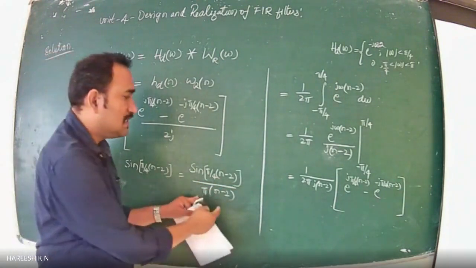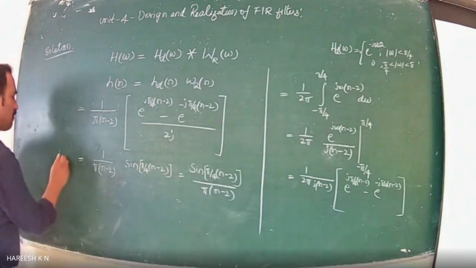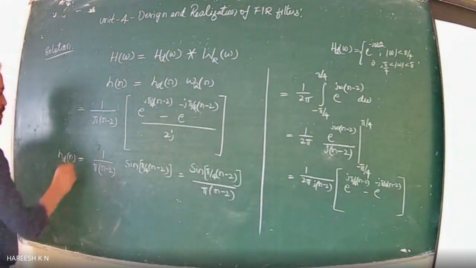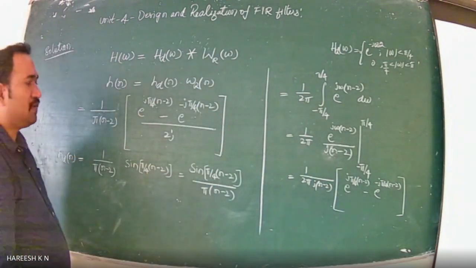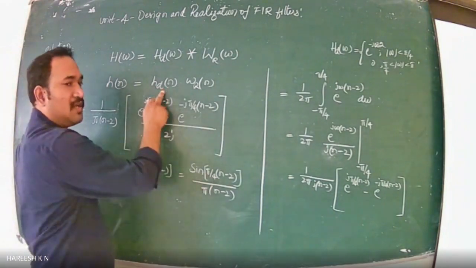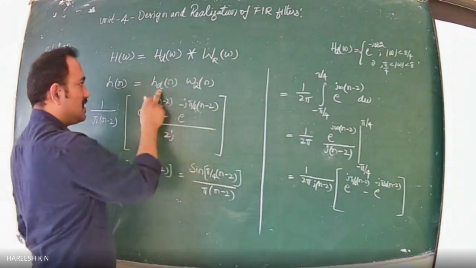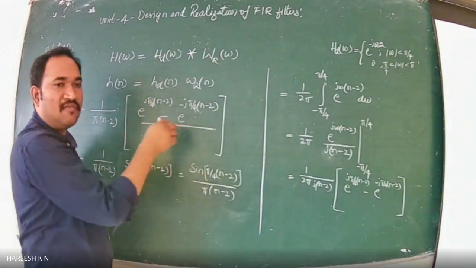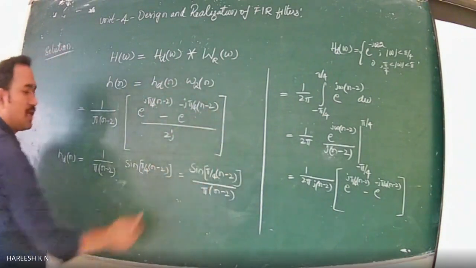What is this? This is equal to hd of n. This is what we tried to obtain by taking the inverse discrete time Fourier transformation, and we have arrived at this particular expression, isn't it?